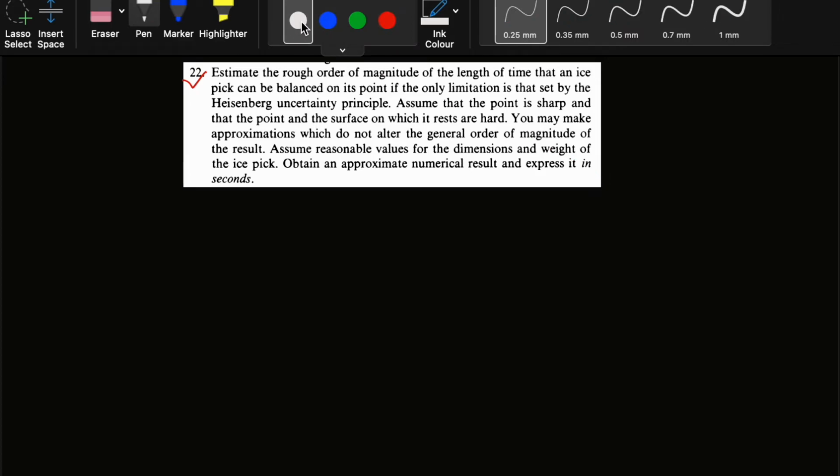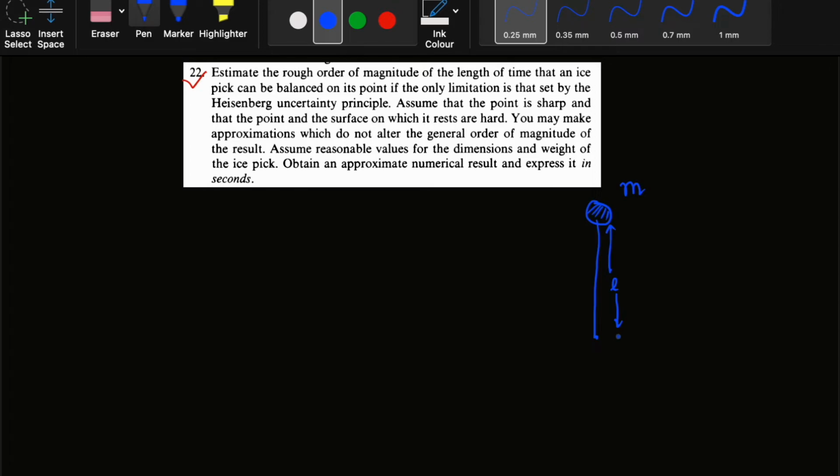So let us do this. At first, suppose the ice pick has a mass m and it is supported by a length L which doesn't contain any mass.